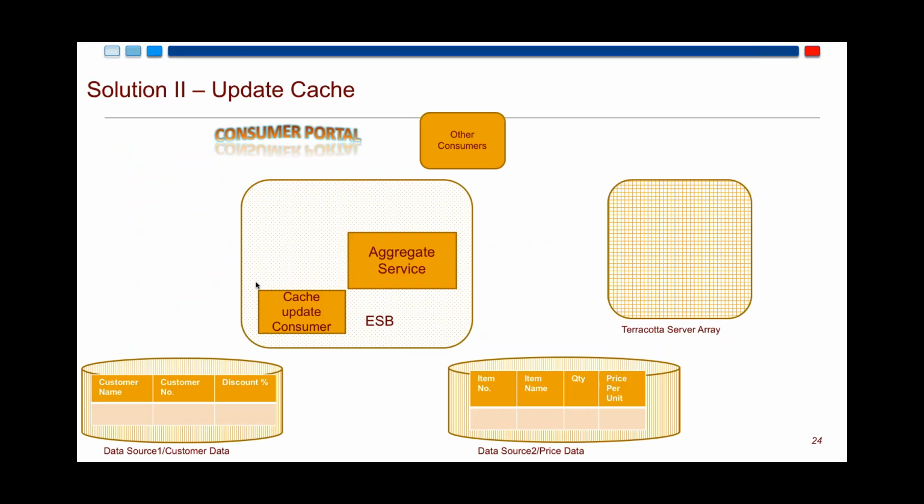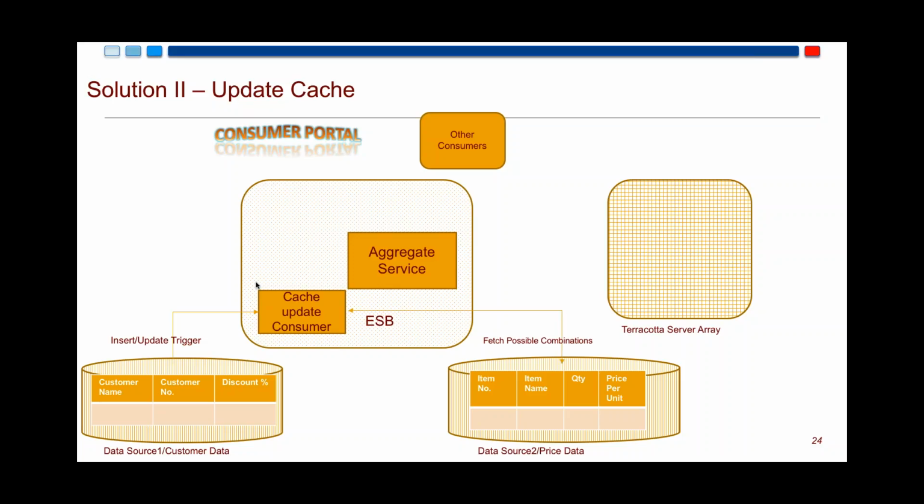Now we have another solution for services which have more frequent data changes, where we can update the caches based on the updates from data sources. For example, if there is an update in one of the data sources, we get that particular record or set of data, go to the other data source, and fetch all possible combinations for that data.